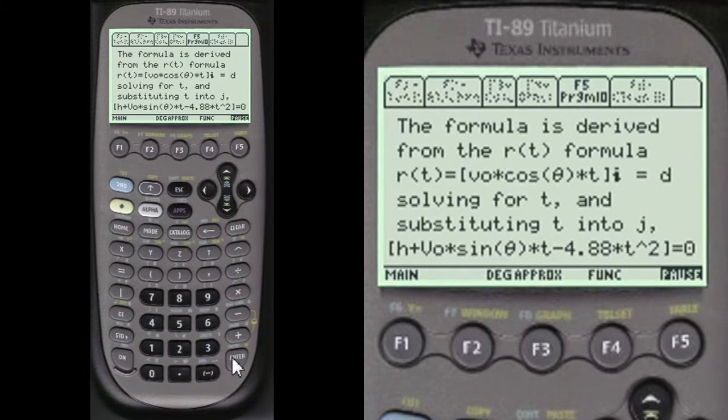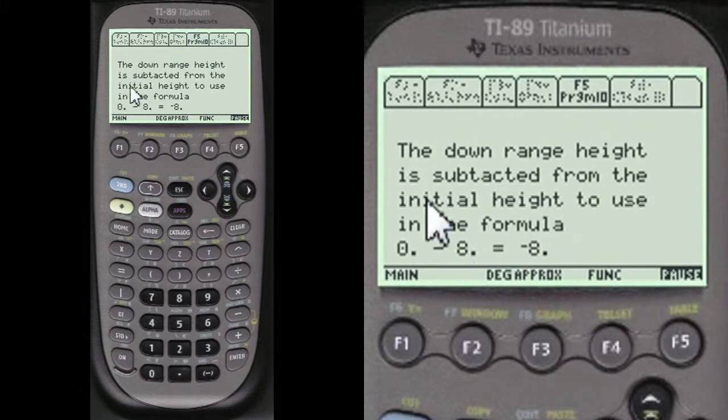I say it's okay. The formula is derived from the x formula, V0 times cosine of theta times t equals the distance. Then solving for t and substituting t into the y formula, h plus, etc. You can look at this here, instead of me reading it off. But mark this on your paper, few points on your test or homework: the downrange height is subtracted from the initial height to use in the formula.